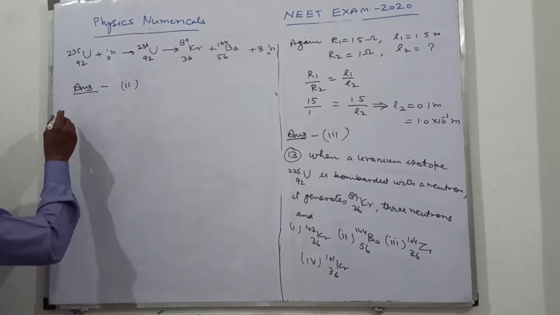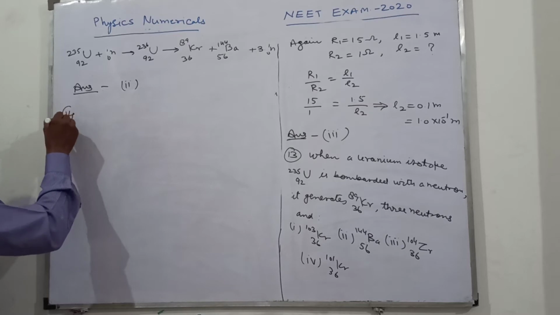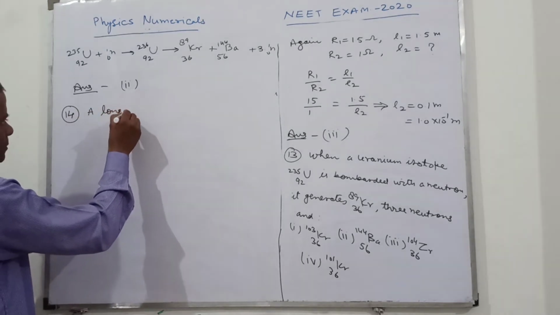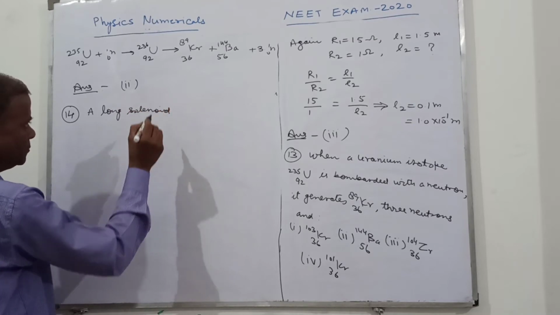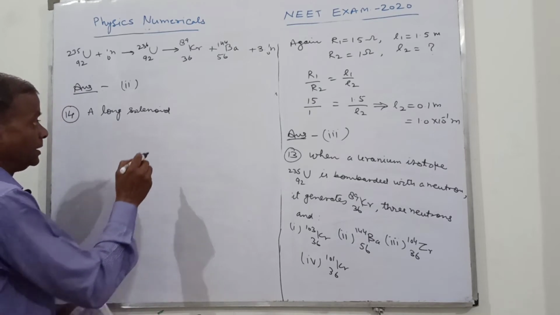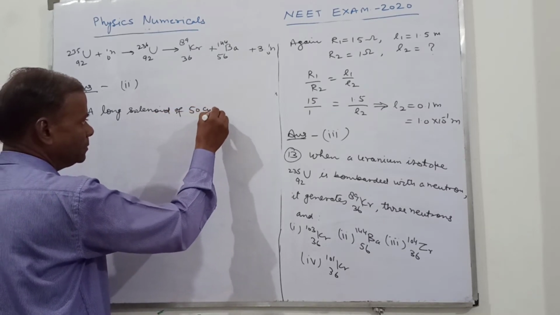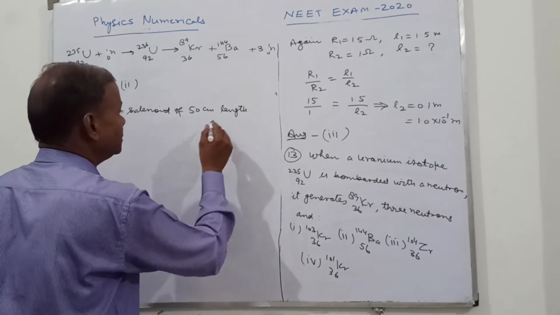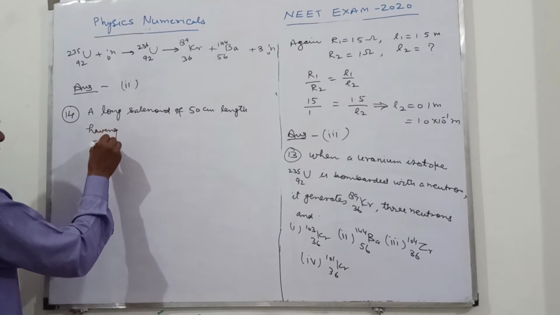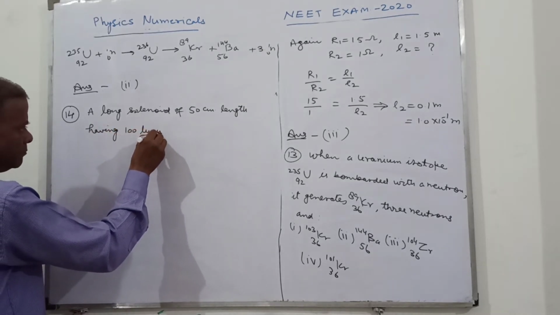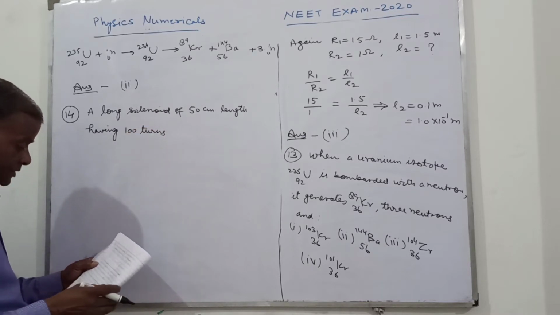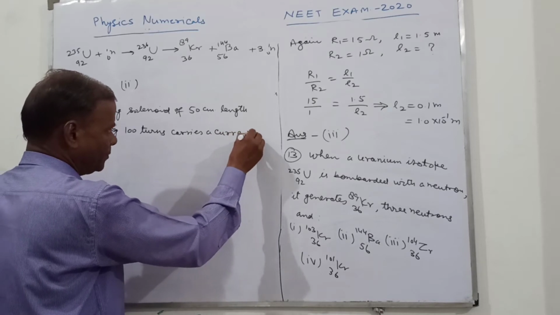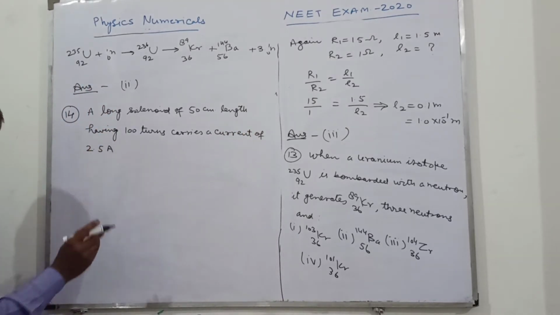And now question number 14. A long solenoid of 50 centimeter length having 100 turns carries a current of 2.5 ampere.